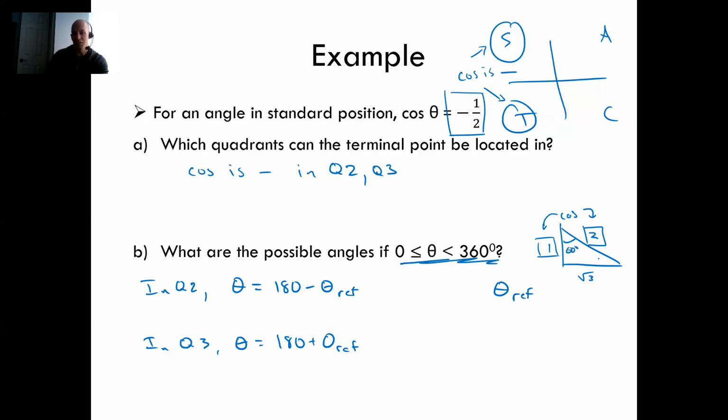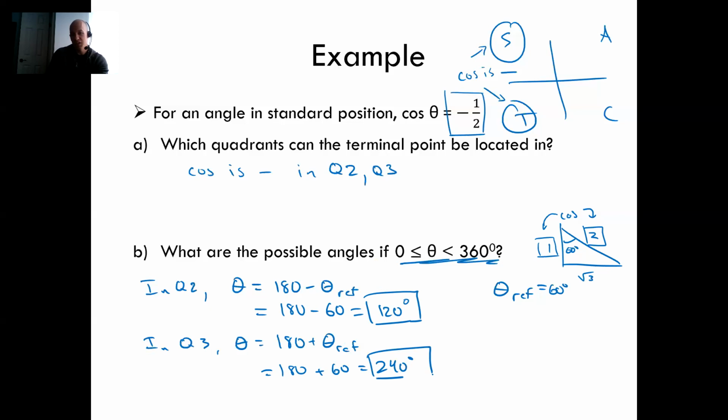I always get 60 and 30 confused, but 60 is the bigger angle, which opens up to the bigger side, so you can remember it that way. Anyway, the reference angle is going to be 60. So 180 minus 60 gives us 120 degrees as one of the answers. The other one would be 180 plus 60 to give us 240.